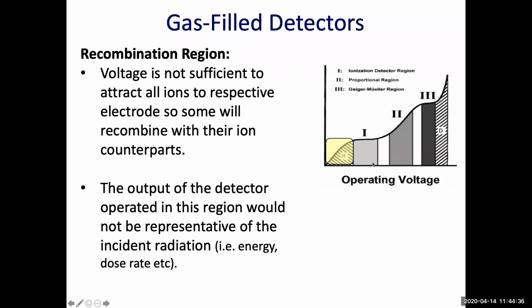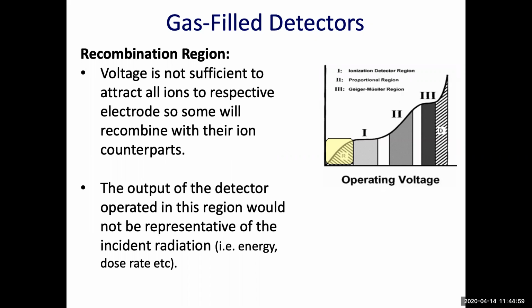Before the first region, there is one region called the recombination region. For maximum efficiency of operation, the voltage between the anode and the cathode must be sufficient to ensure complete collection of the ions and electrons produced by radiation within the chamber.